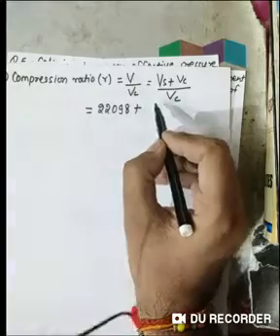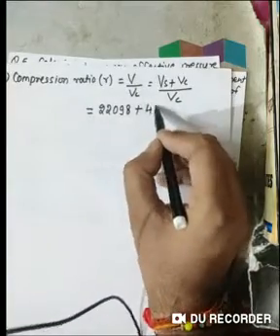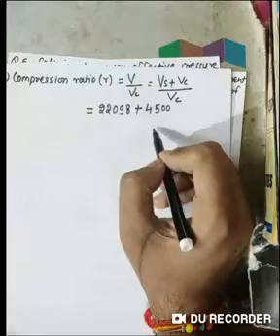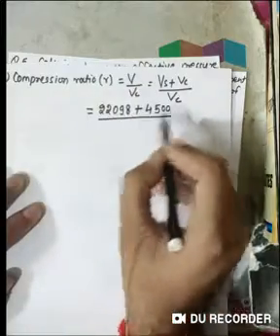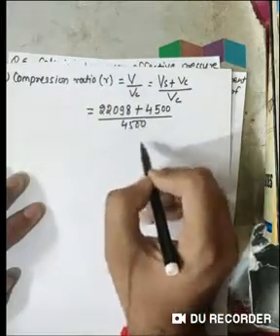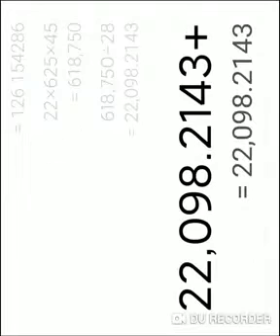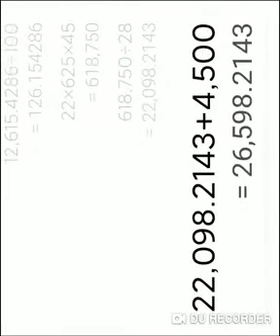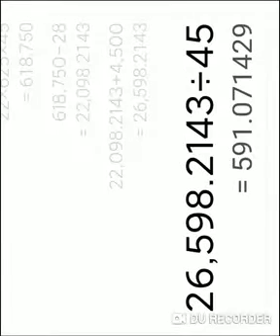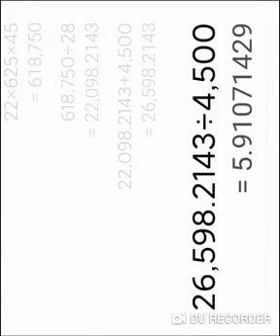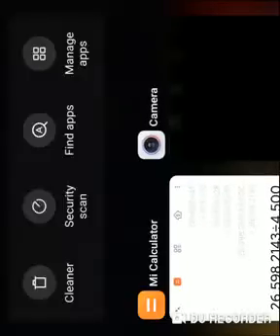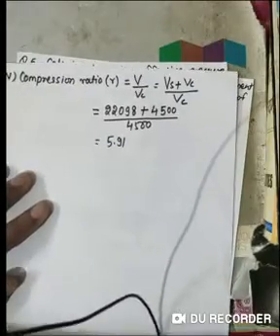Clearance volume given in the numerical question is 4500 cubic centimeter, so it is divided by 4500 Vc. We add these two terms and divide by 4500. So your answer becomes 5.91. So 5.91 is your compression ratio of this question.